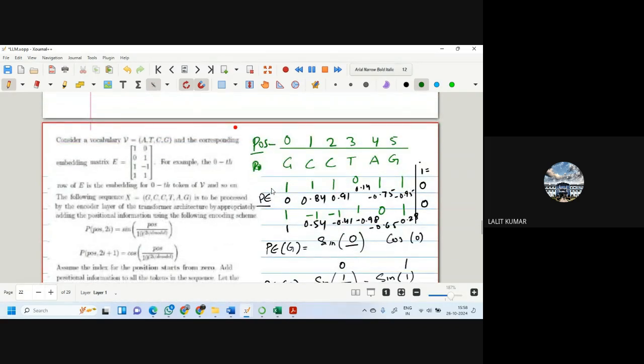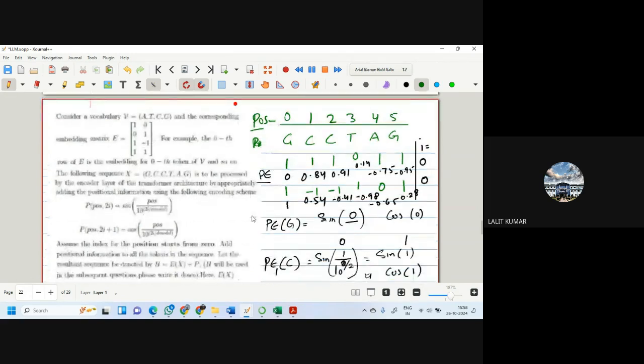So this is the PYQ. Has anybody tried to solve it? Or shall we do it? It's a fairly easy question. Consider a vocabulary V equal to ATCG, and the corresponding embedding matrix is E. So this is the E. For example, the 0th row of E is the embedding for the 0th token of V. So A is this, T is this, C is this, and G is this.